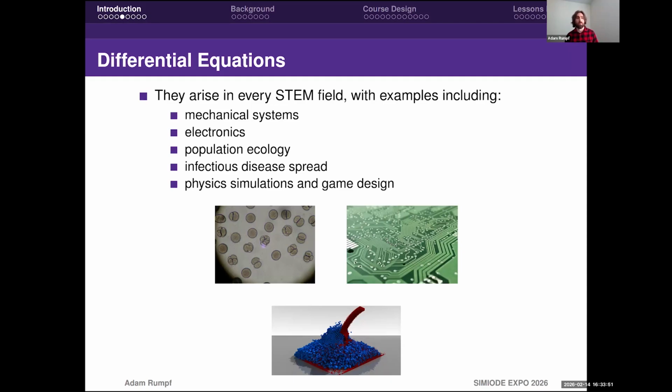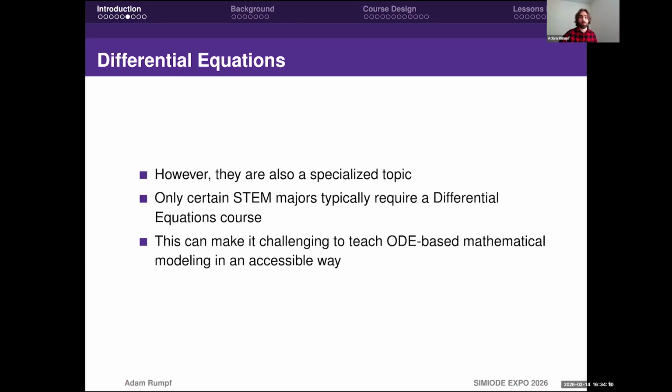They show up all the time in mathematical biology for developing ecological models and for modeling spreads of infectious diseases. They're also good to know about if you're interested in game design, because knowing a little bit about differential equations tells you a lot about how to program things to move around a space how you want them to.